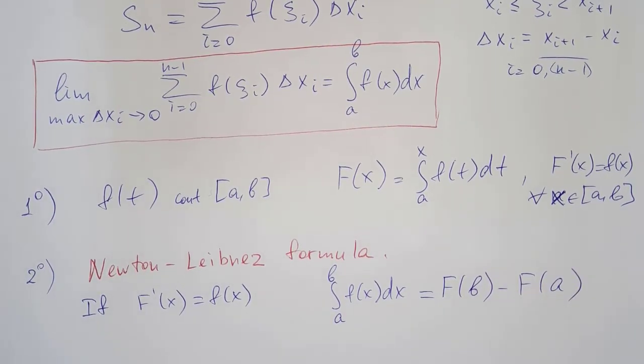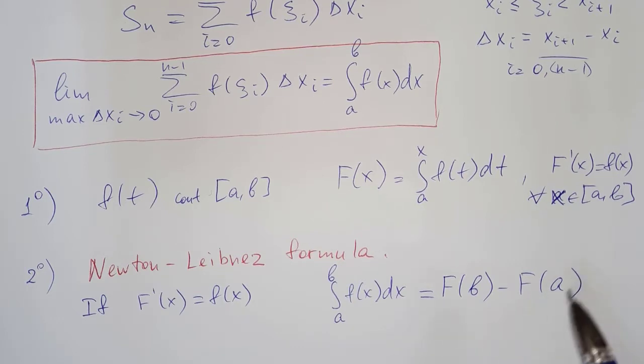The capital F is our primitive and it satisfies this condition, and then we can find the definite integral on the interval [a, b] by this equation: the value of the primitive at the point b minus the value of the primitive at the point a. So this is the definite integral.